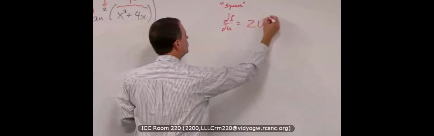So the derivative with respect to u of f, that's a square. That's 2 times u to the 1. But my u function this time is tangent, so we'll call this one u1.